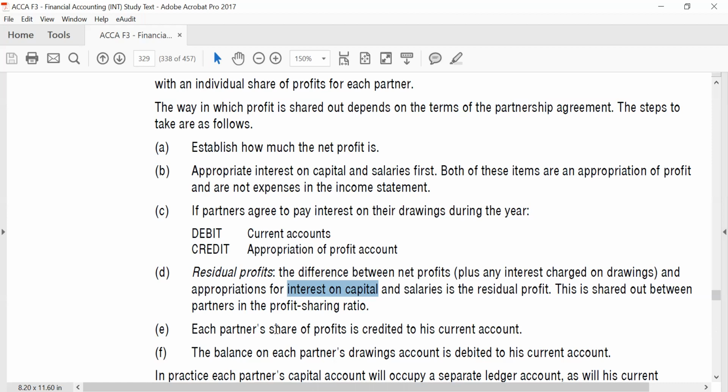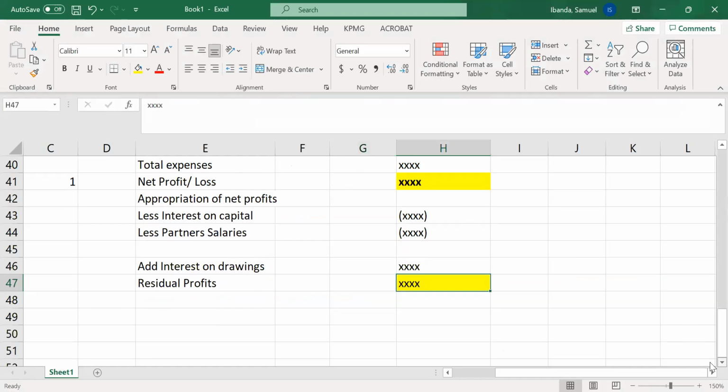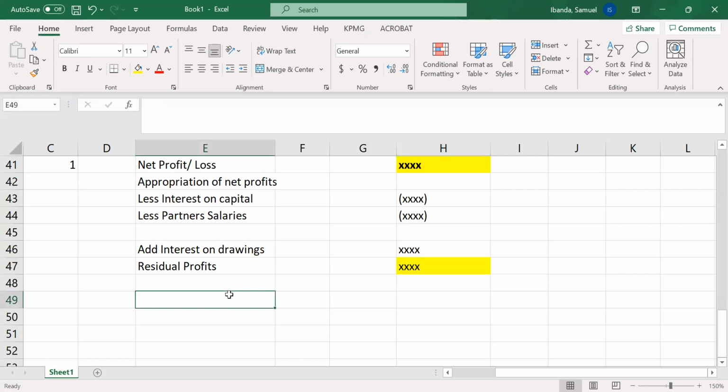Now, sharing of profits. After we have our so-called residual profits there, we shall now share profits.